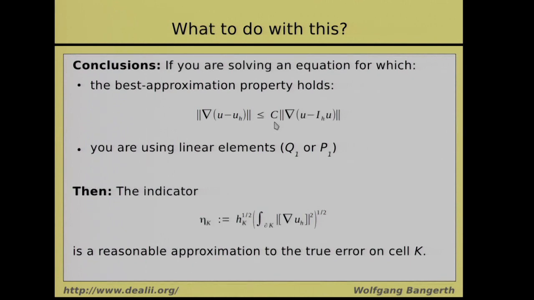And if I use linear elements, so Q1 or P1 elements, then this sort of indicator here really seems to give me, let's say, an estimate of how poorly approximated the exact solution is by my finite element solution on cell K. And that's, of course, exactly what I'm going to use for mesh refinement later. I'm going to say for all of those cells for which eta k is large, these are exactly the cells that I want to refine.